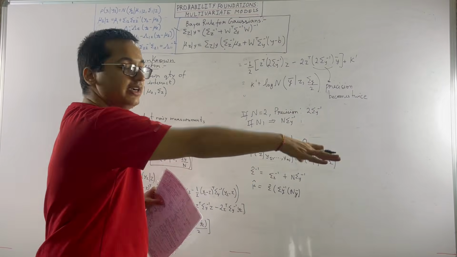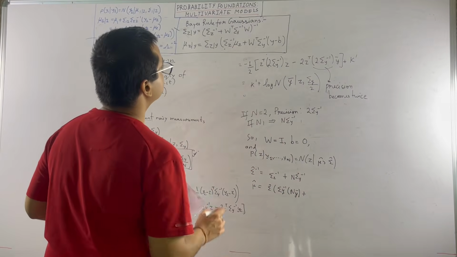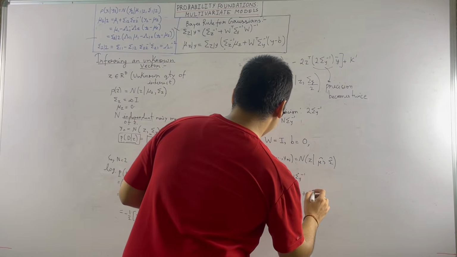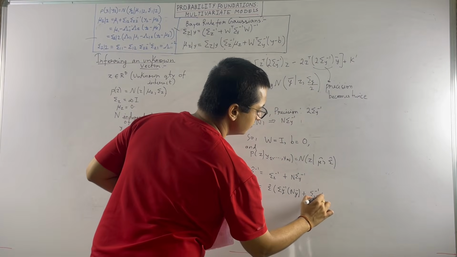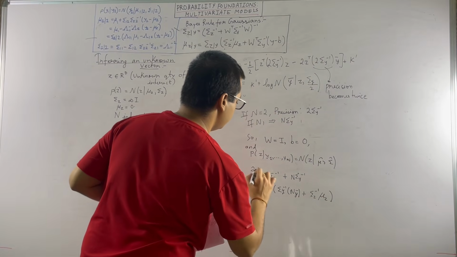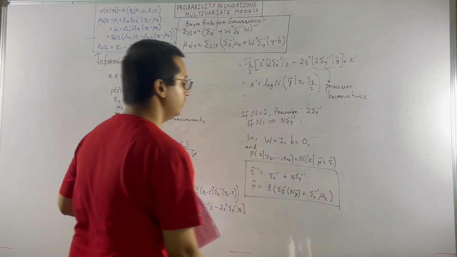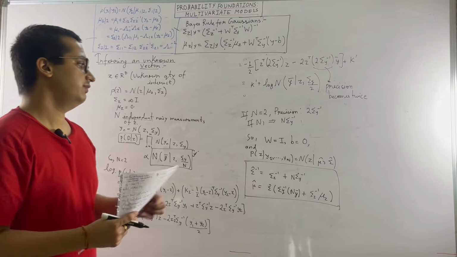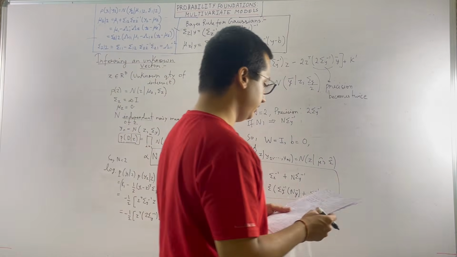If you expand, you get n y bar, and b is also 0, plus sigma z inverse mu z. So these are the posteriors. We have fulfilled our objective of computing the posterior.